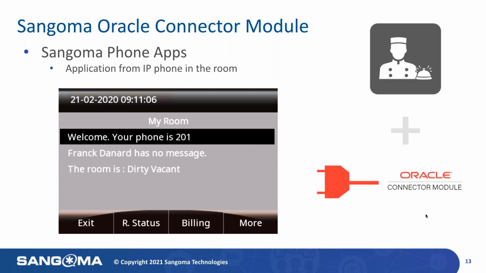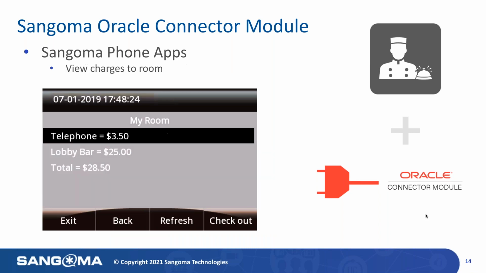You'll be able to view, and even if you want to change room status, I can't imagine too many guests are going to want to change that themselves. However, housekeeping is certainly going to prefer to be able to push the button and toggle the arrow down to the status to change that. But if, again, you're using analog phones, that can all be done via feature codes as well.